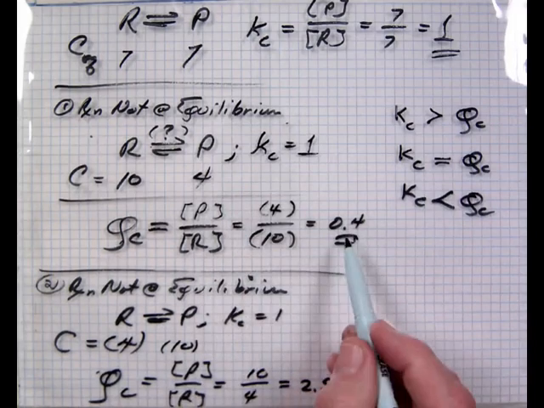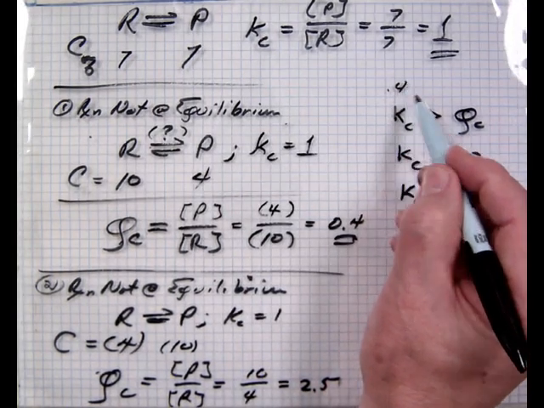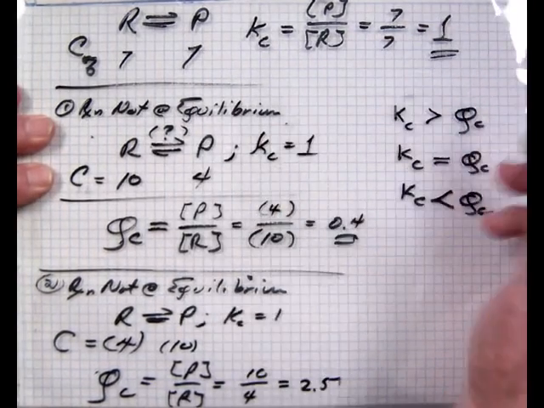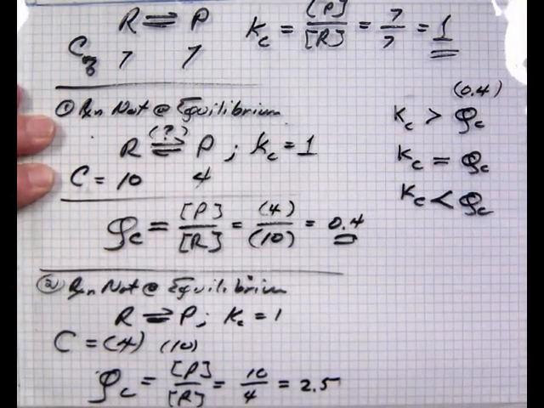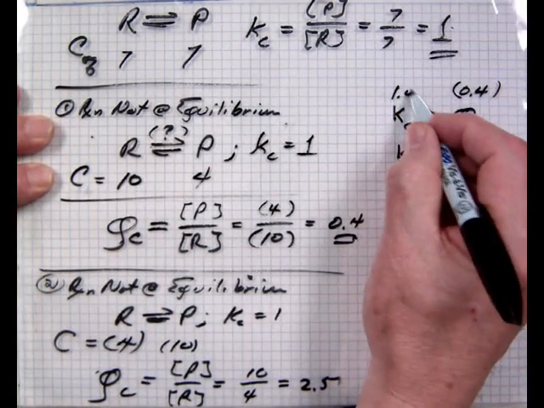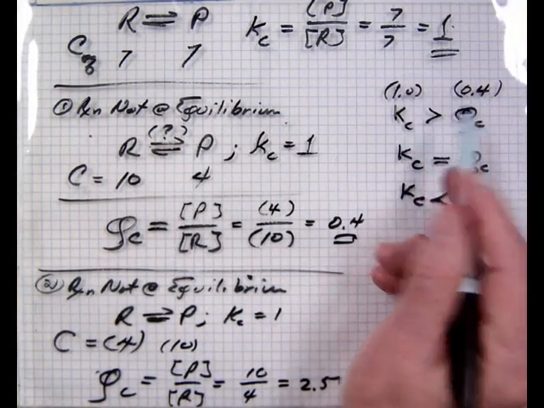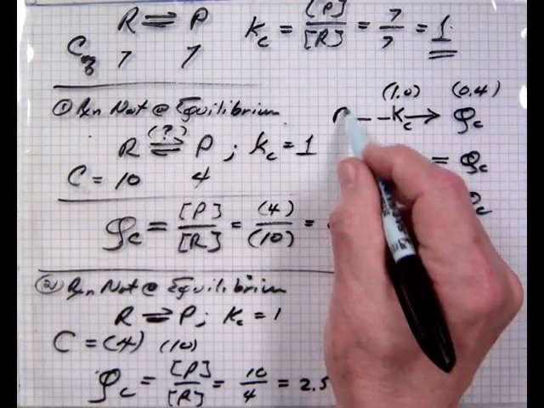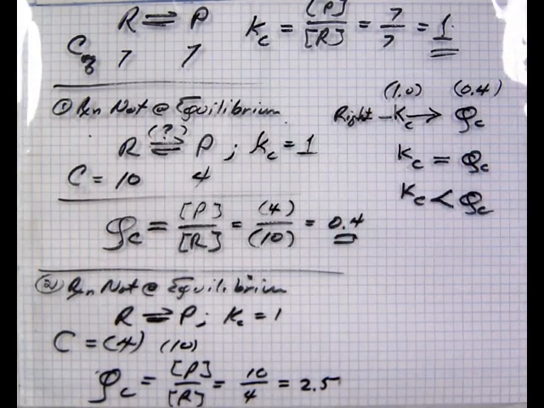We look and we see 0.4 for QC, and Kc is 1.0, where Kc is greater than QC. This one is shifting right after you mix those components together.